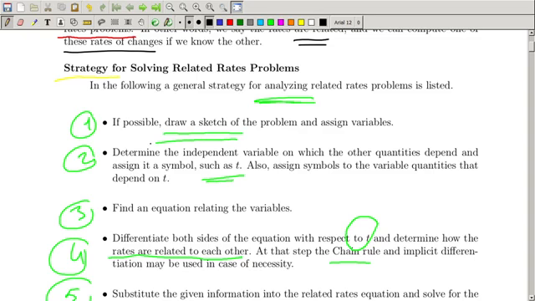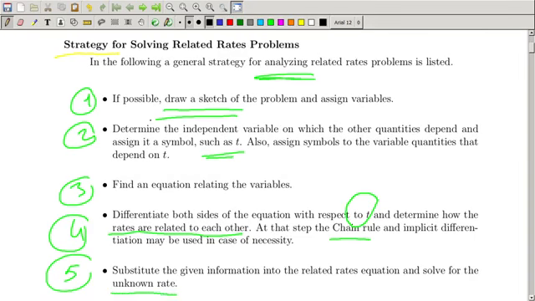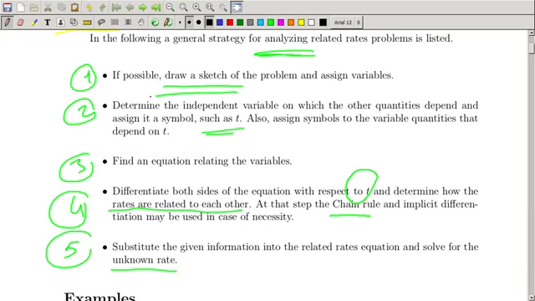So, strategy. We have some process for solving related rates problems. This is not an obligation for you, but if you apply these steps, it may be helpful. For instance, the first one: from the very beginning, you must read the question carefully to understand it.